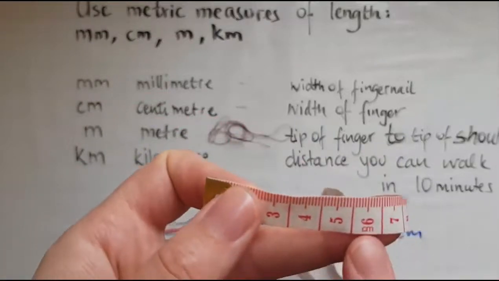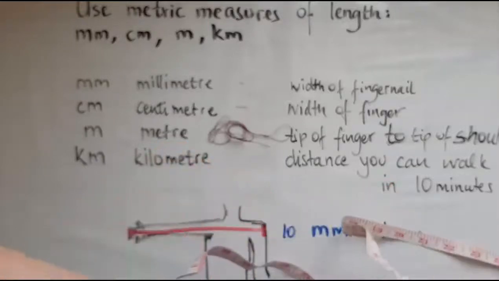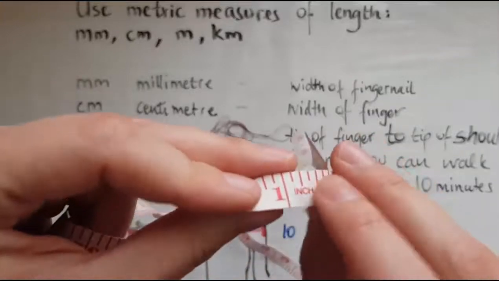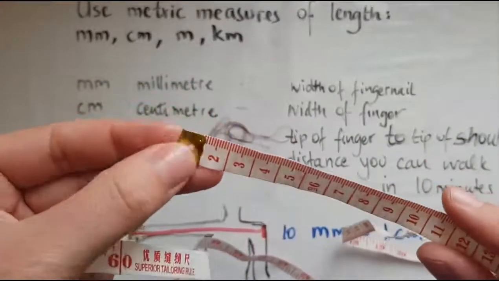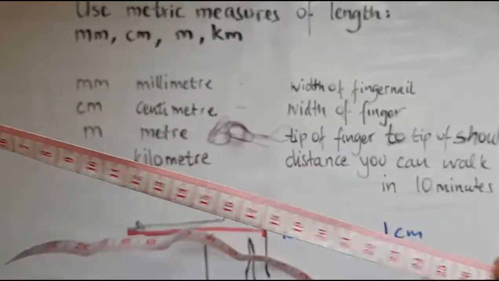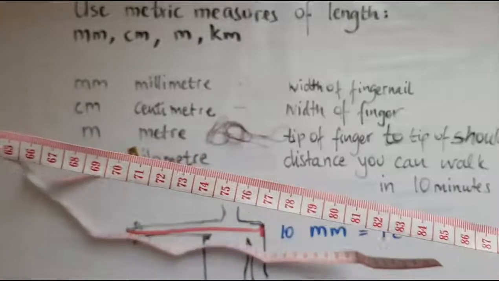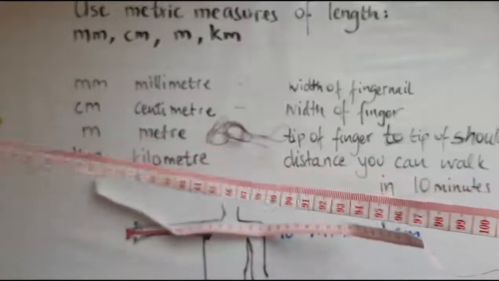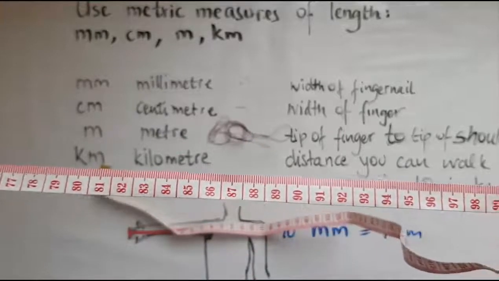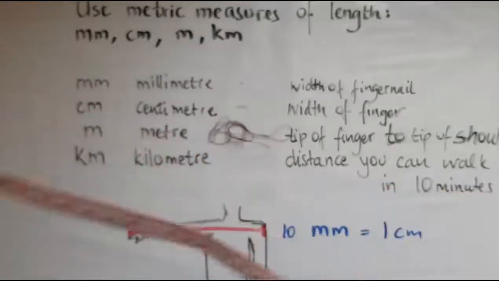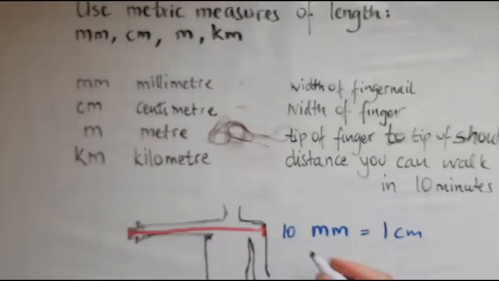We've got it on the centimeter side because it could be on the inches as well, and we're talking about centimeters rather than inches. So we start from 0, and that goes up to 100. So that is how long a meter is, 100 centimeters. So 1 meter is equal to 100 centimeters.